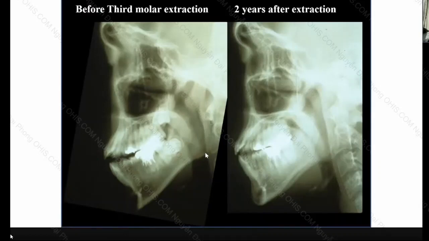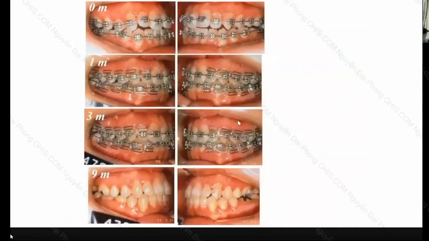Then we started orthodontic treatment, but this orthodontic treatment is very easy and not so long, because we removed the etiological factor, yeah, and therefore it closes very easily, and so then we finish like this.